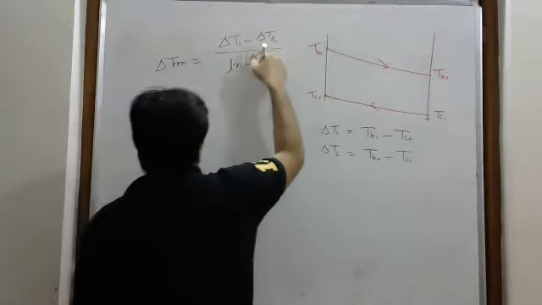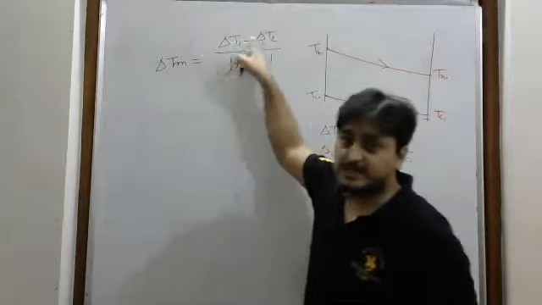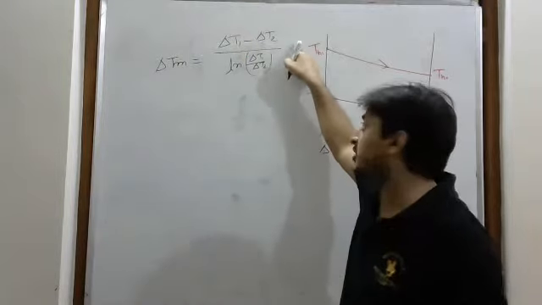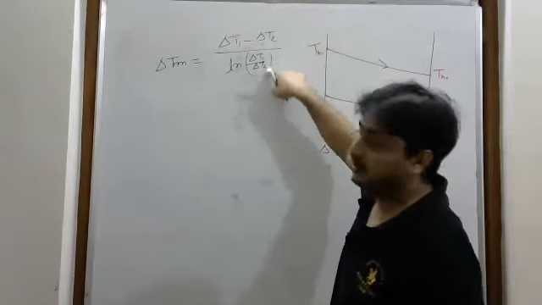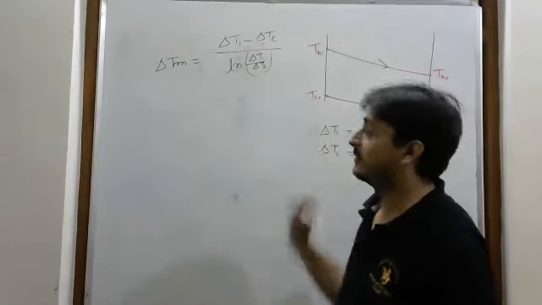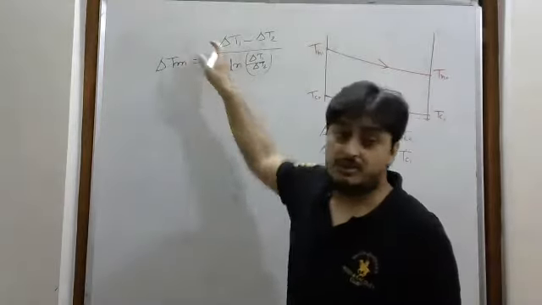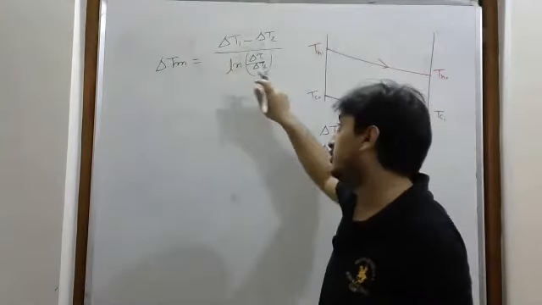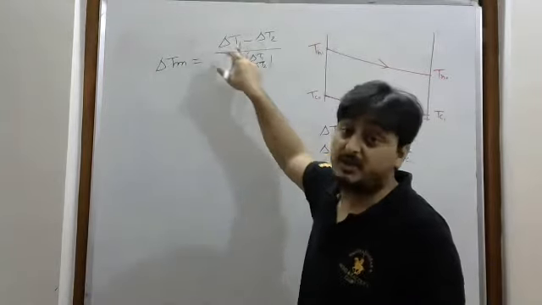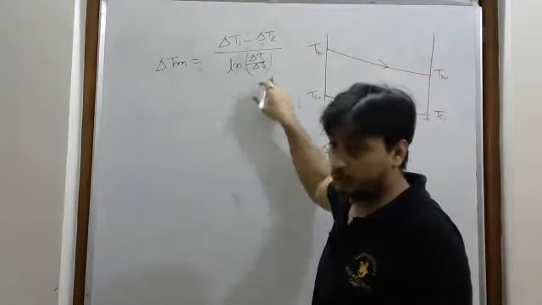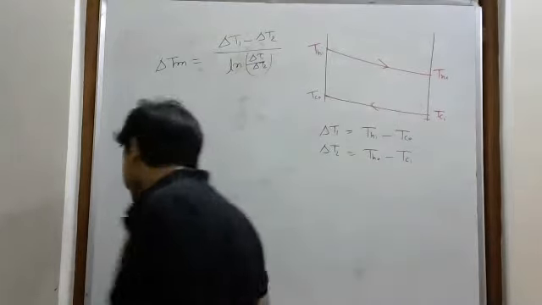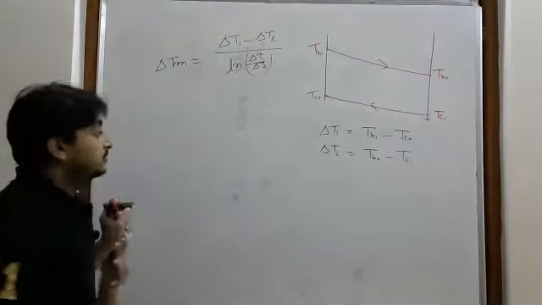One more thing: if you take del T2 minus del T1, there is no problem, but you must reverse it in the log also, del T2 by del T1. Because the negative in the numerator and in the denominator both cancel out, it becomes del T2 minus del T1 divided by ln del T2 by del T1. This is okay, you understood.